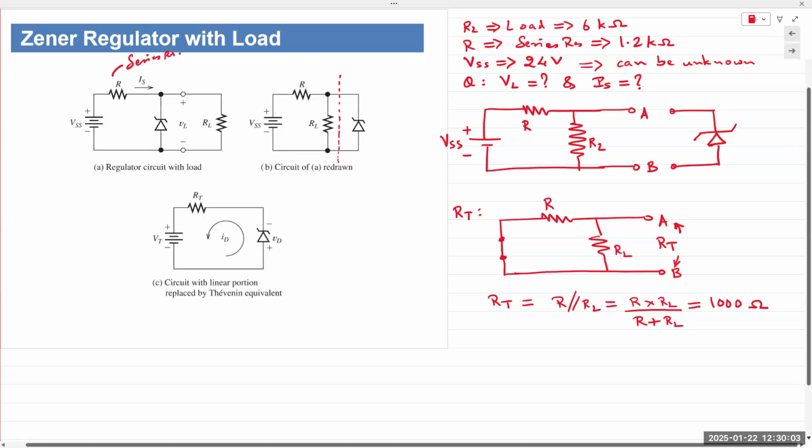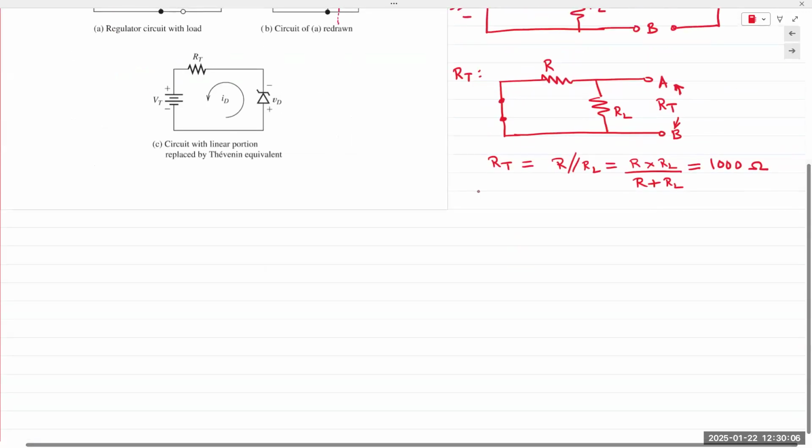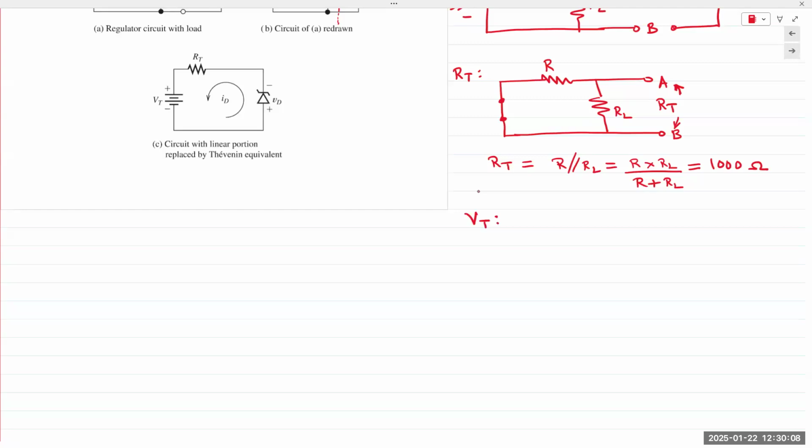All right, so that was Thevenin resistance. Now Thevenin voltage, VT. How are we doing on time? Go back to the original circuit. VSS, series resistor R, my terminals A and B, and I need to find the open circuit voltage between A and B. So what do you think?